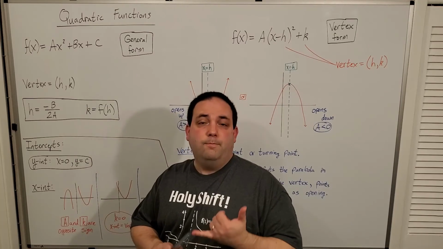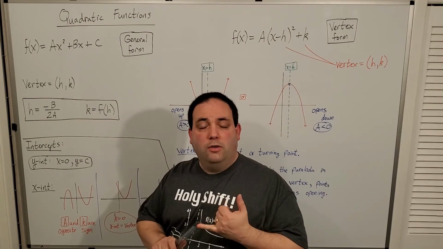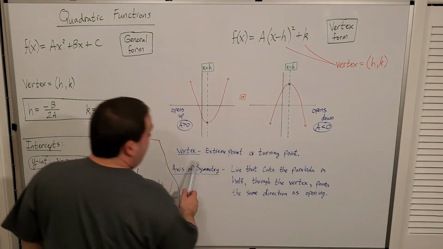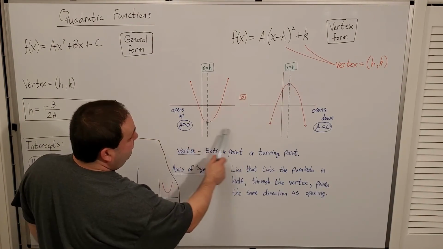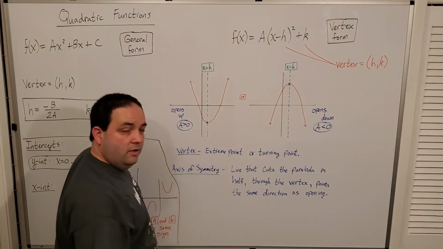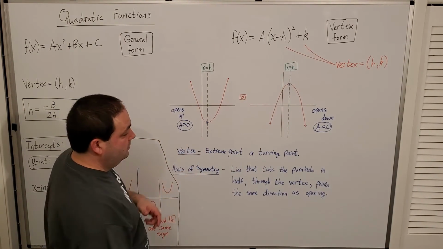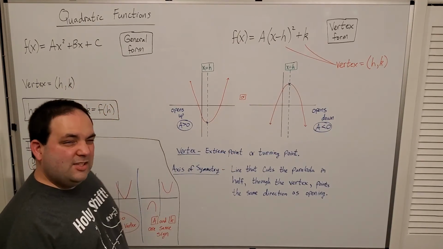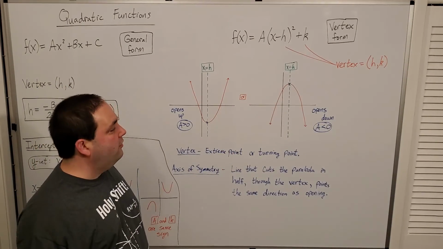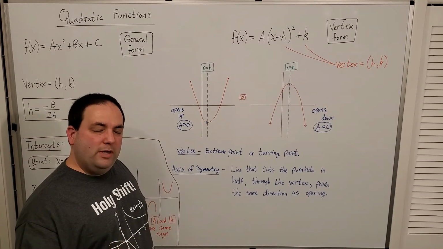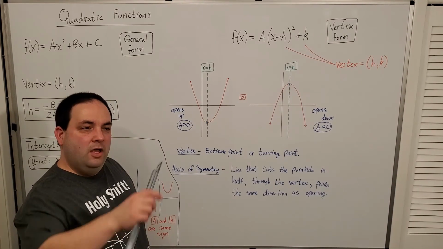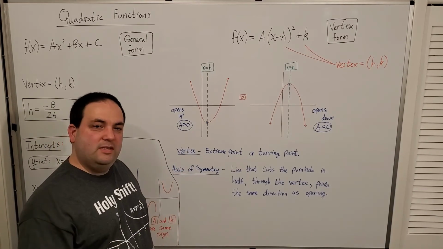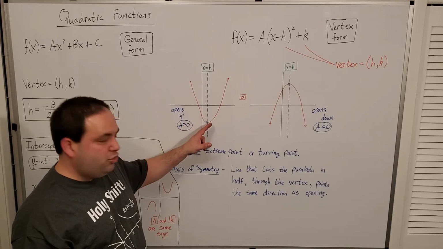One, the most important point on the parabola is the vertex. The vertex is the very bottom extreme point or the very top, depending on if your parabola is facing up or down. It's an extreme point. It's also the turning point, which is why it's so important to know where that point is, because it's always the most difficult piece of a graph to draw, where the major turn is.